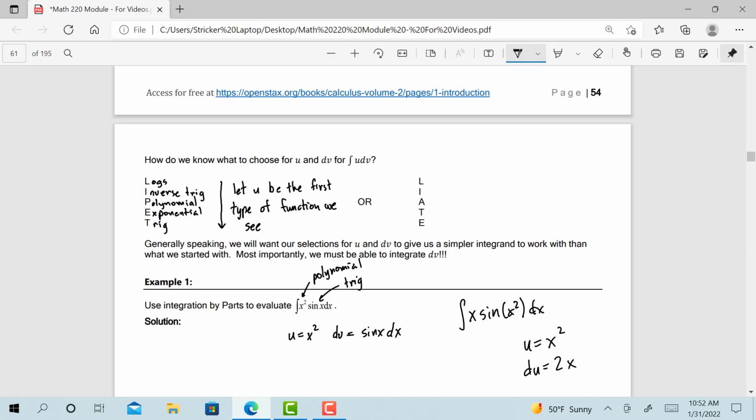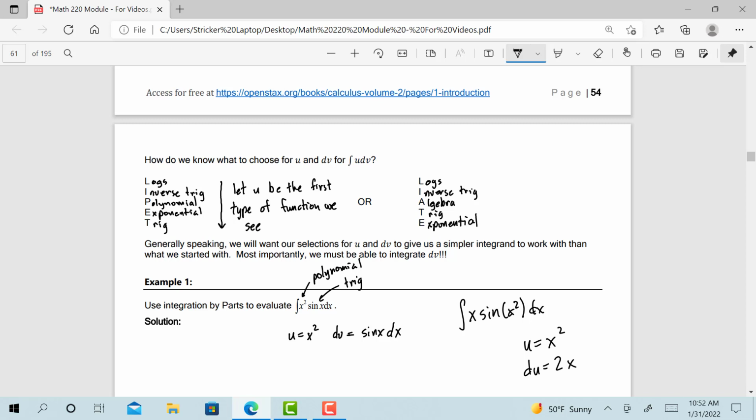I'm not going to do this example right now, but that's kind of how it works. Now, if you like the other mnemonic better, I can give you that too. The L stands for logs. The I stands for, again, inverse trig. A stands for algebra, which is kind of like the polynomial. T stands for trig, and E stands for exponential.